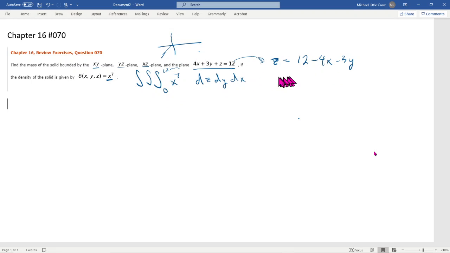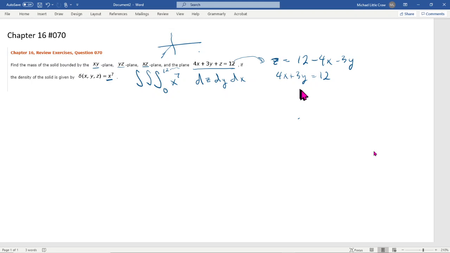Okay. Next boundary, let's just let z be 0, and so that gives us the equation 4x plus 3y equals 12. And now we're just in the xy plane. And so let's solve this for y. You could solve it for x, but let's just do it for y.